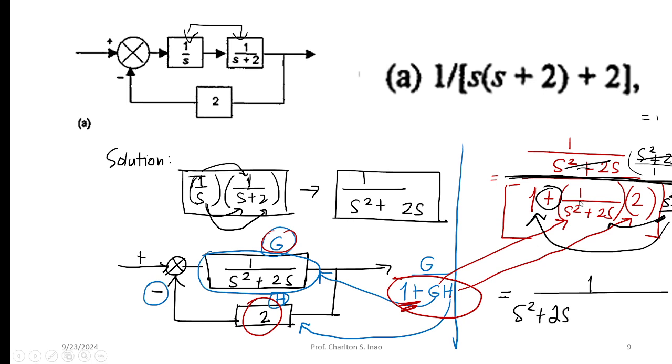Then here, S squared plus 2S, so it's going to be cancelled. Then we retain the 1 and 2. So 1 times 2 is just 2. Okay? So 1 over S squared plus 2S.